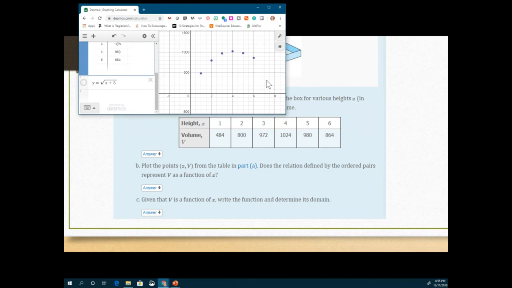How do you know it's a function? Okay, David says you're not sure it is.